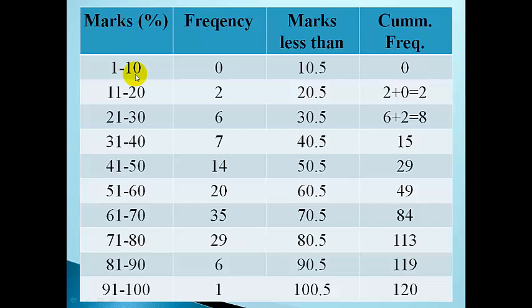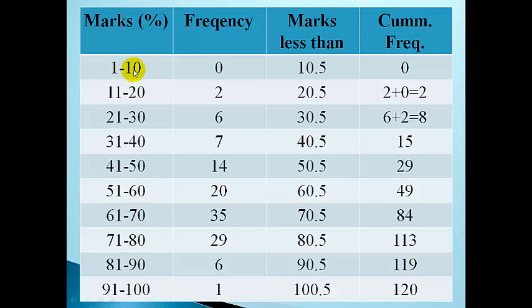We first have to find the class boundaries. How do we generate the class boundaries? Now let's consider the interval from 1 to 10. The lower limit is 1 and the upper limit is 10. The next interval, the lower limit is 11 and the upper limit is 20. Now let's consider these two intervals.